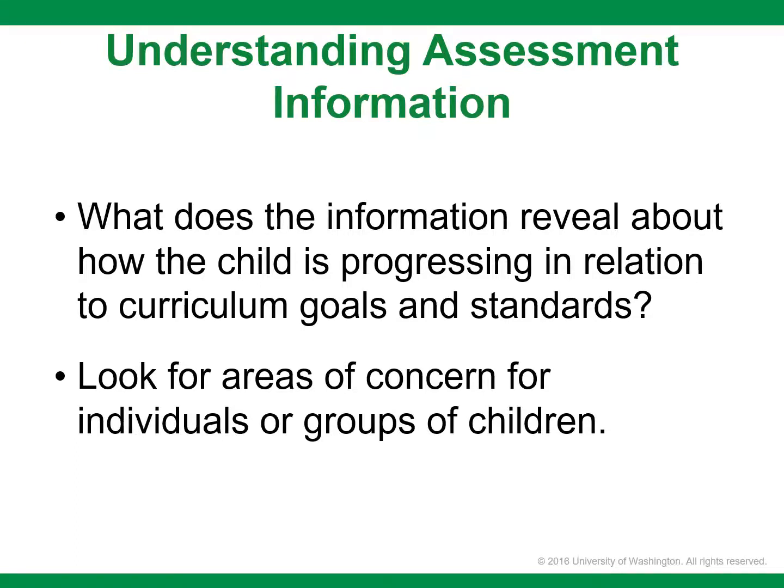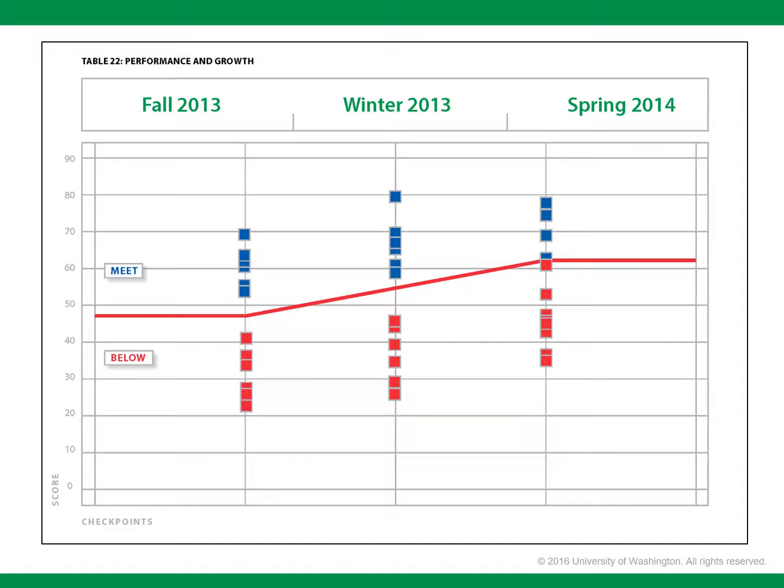You'll learn more about using data to improve teaching and learning in a future module. This simple graph shows the status of children in the class at 3 different points in time, fall, winter, and spring, in relation to the benchmarks. This is an example of how assessment information may be organized so that the teaching team may determine how children are progressing.